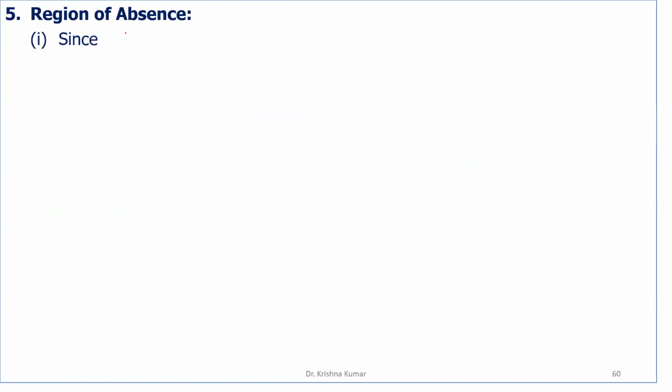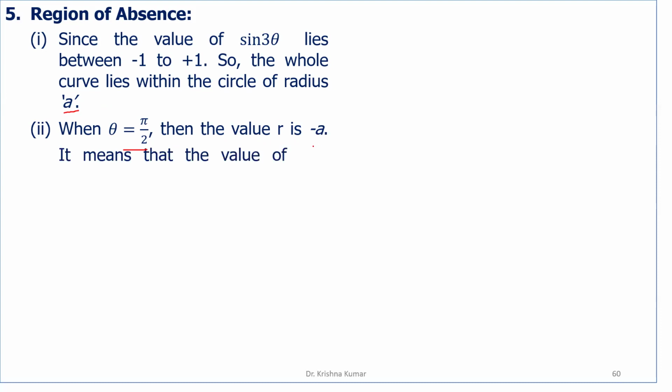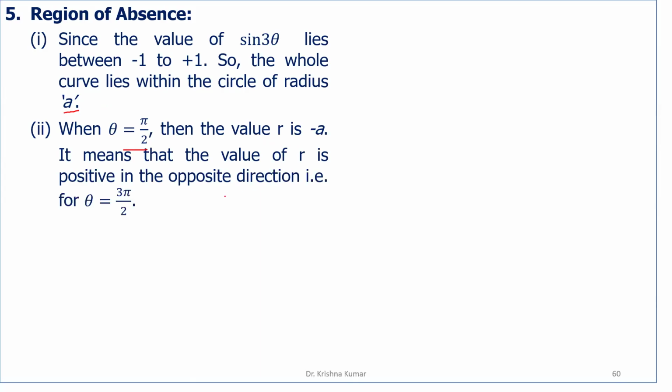Since the value of sin 3θ lies between -1 and +1, the whole curve lies within the circle of radius a. When θ = π/2, the value of r is -a. It means that the value of r is positive in the opposite direction, that is, θ = 3π/2.